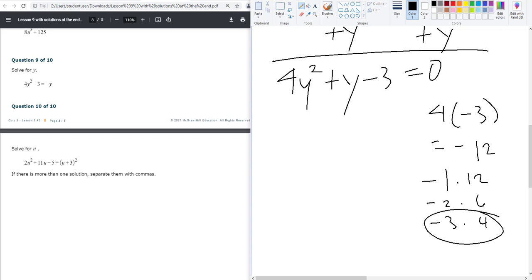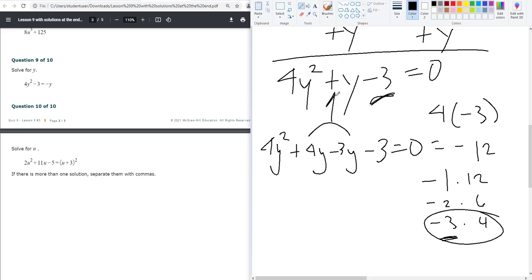That's our combination. Now, I can put them in the split either way, but I think the negative 3 will match better with this minus 3. So I'm going to put 4y squared plus 4y minus 3y minus 3 equals 0. So as long as these add up to that middle term, positive 1y, I can put them in either order.